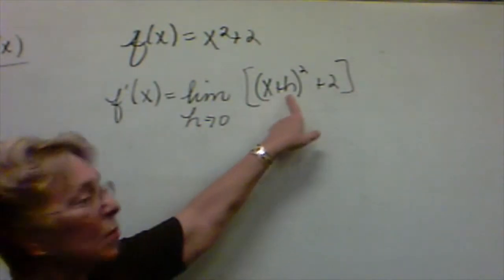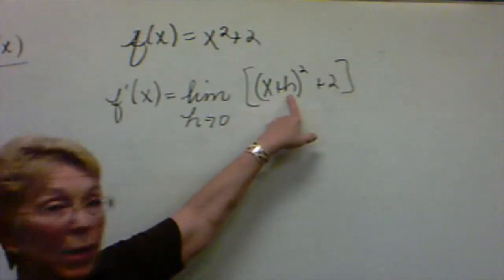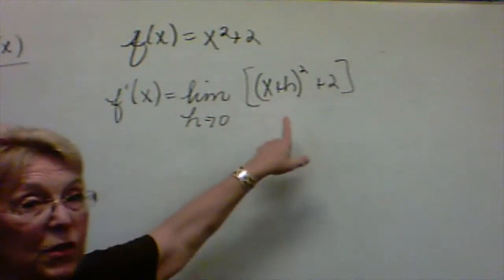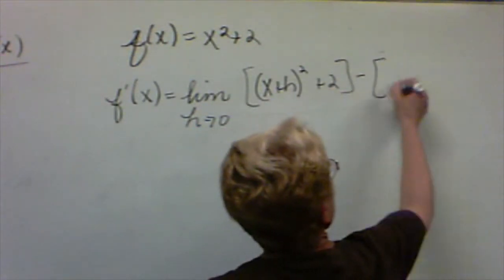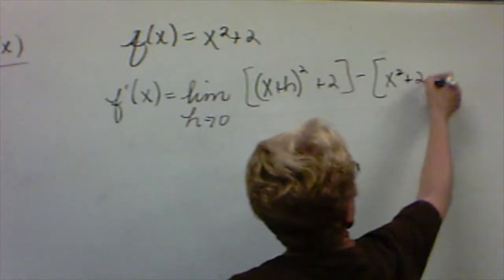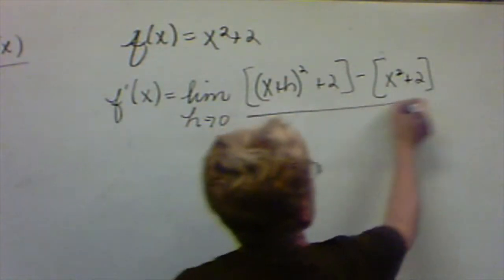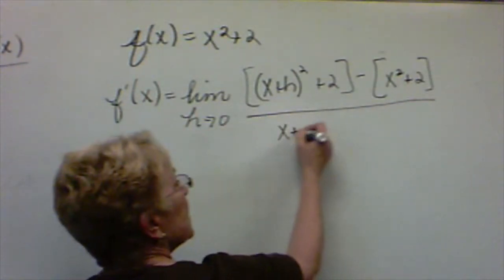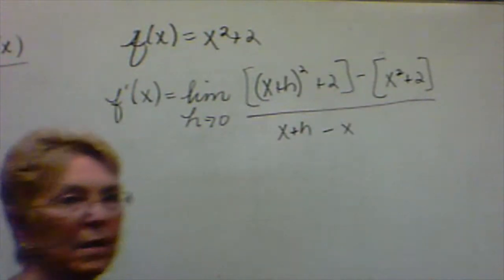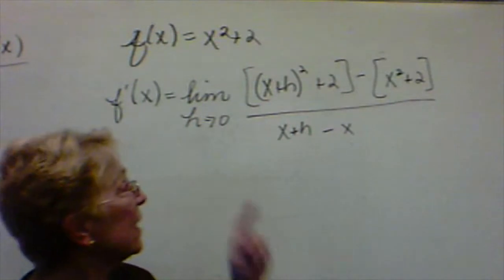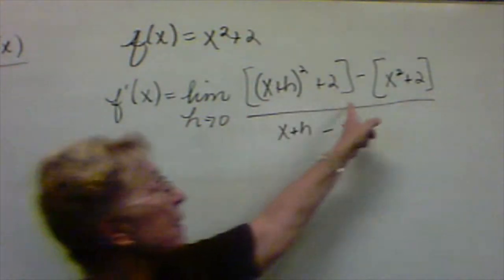So it was x plus just a little bit. That's where we ended. That'll be the functional value. And we're going to subtract the value of the function at the beginning. And then the ending input is that, subtract the beginning input. And it's always end minus beginning.